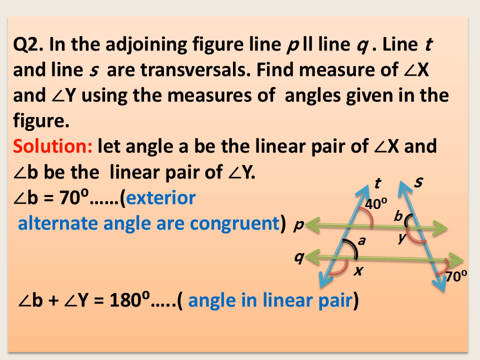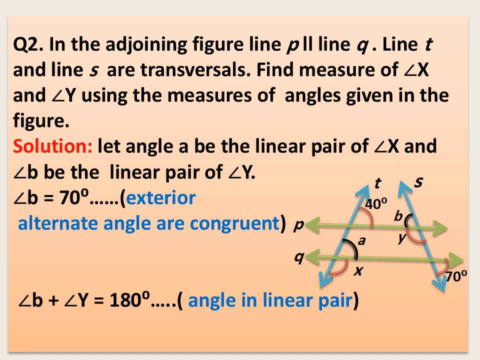Now, taking transversal S, here angle B and the 70 degree angle are exterior alternate angles. Therefore, angle B is equal to 70 degrees because exterior alternate angles are congruent.